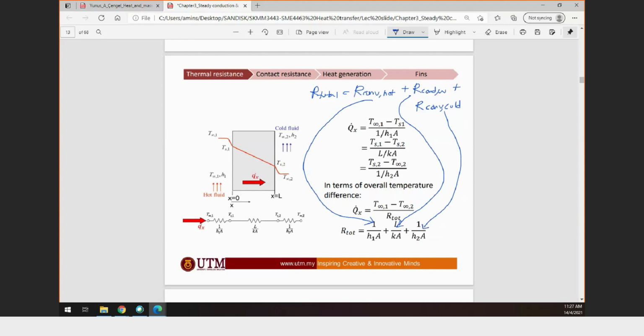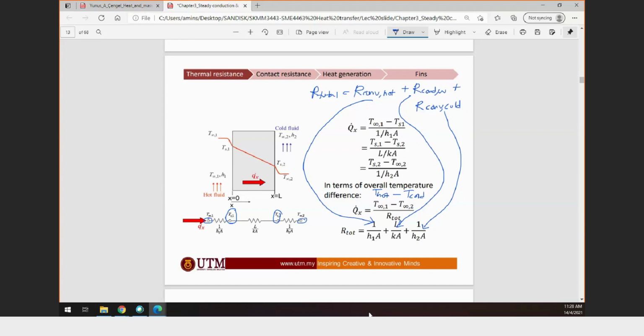Okay, so if you want to calculate total resistance, you can calculate the heat transfer from the hot to the cold temperature. Let's say this is T hot minus T cold, so from the highest to the lowest. However, you also can calculate the temperature in between, TS1 and TS2, if you know the resistance in each section.